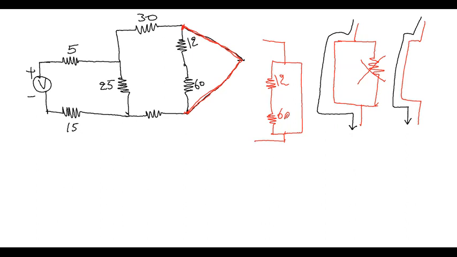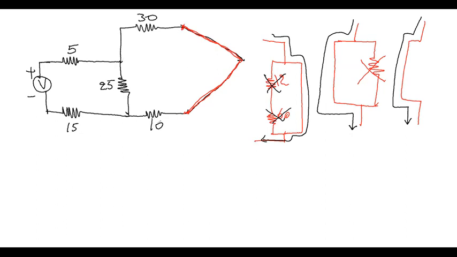It's obvious that we don't need to consider these two because they are connected in parallel with a short circuit. Again, any current prefers to go through the short circuit, so this will be ignored. The 30 ohm resistor is still there, and the bottom one is 10.